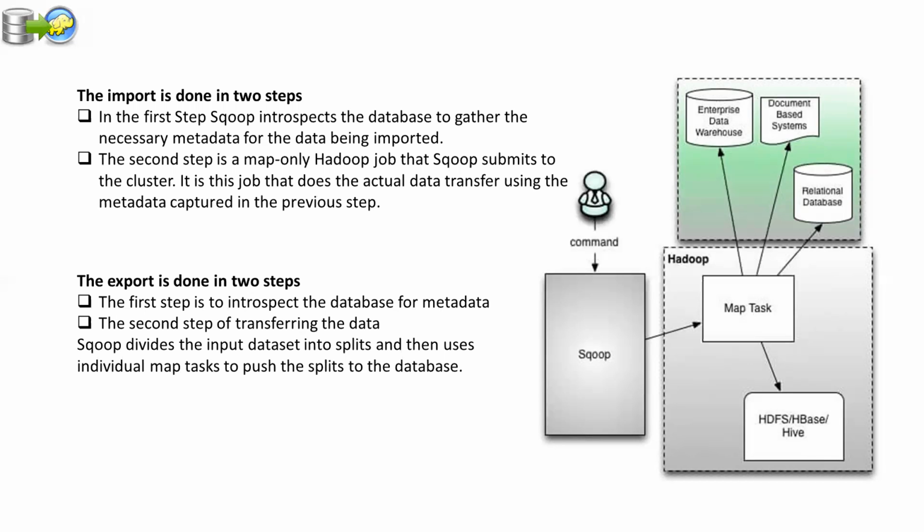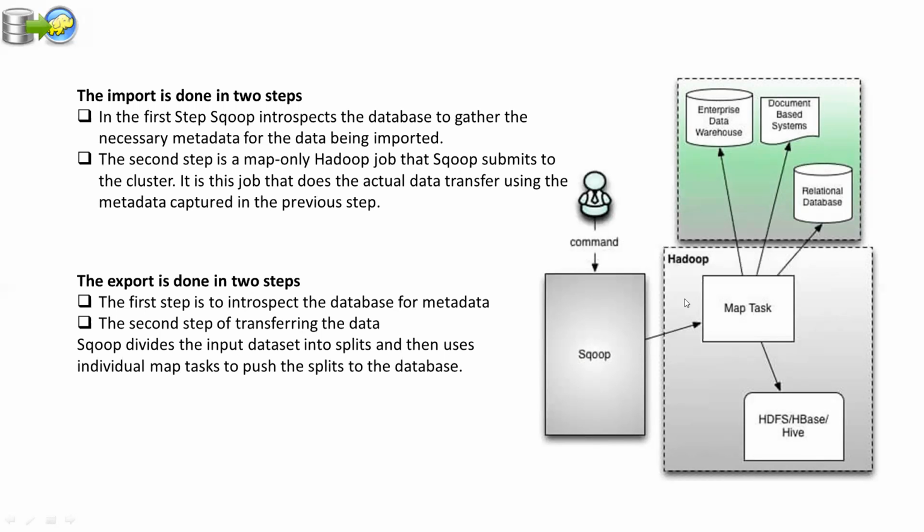And if we want to export data, it happens in the same way. The first step is to introspect the database for the metadata. The second step is transferring the data: Sqoop divides the input data set into splits and then uses individual map tasks to push the splits to a database. You can see here on the right-hand side, the command is going to be executed by the user and is going to submit a Sqoop job.